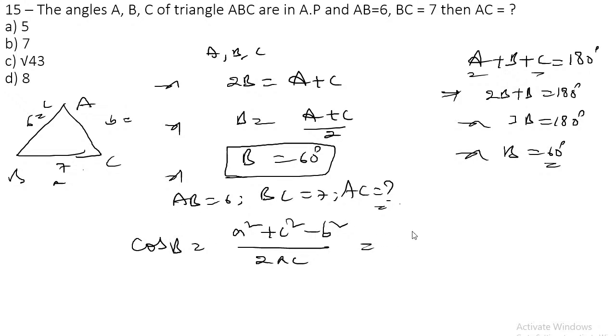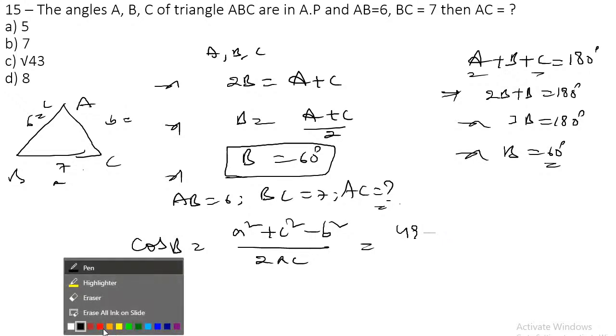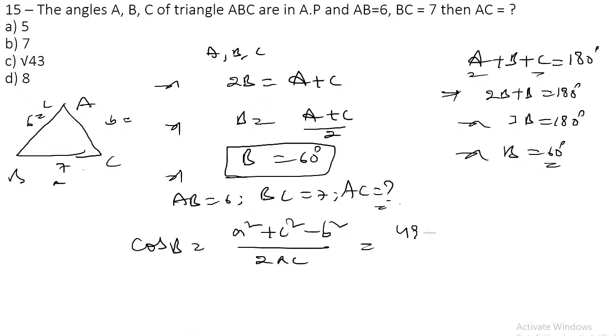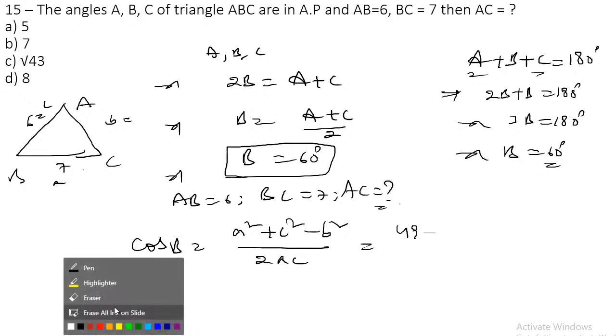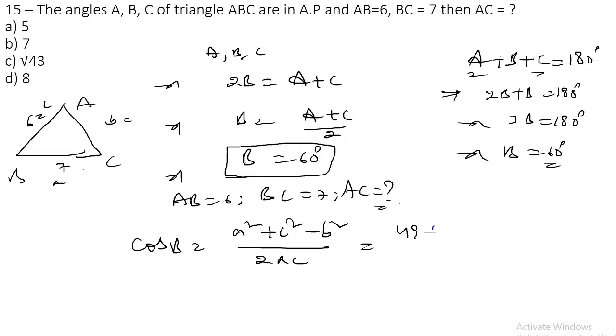So a square is 7 square, 49, plus c square is 36 minus b square by 2 into a into c. cos 60 is sin 30, means 1 by 2.